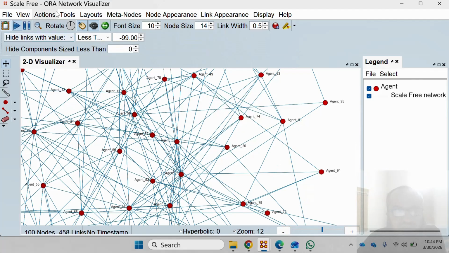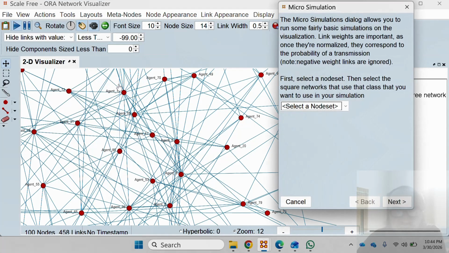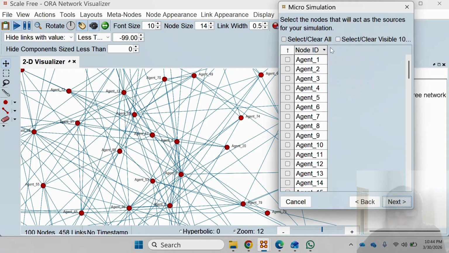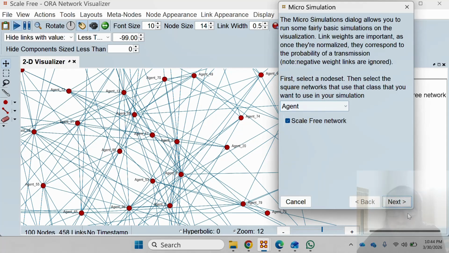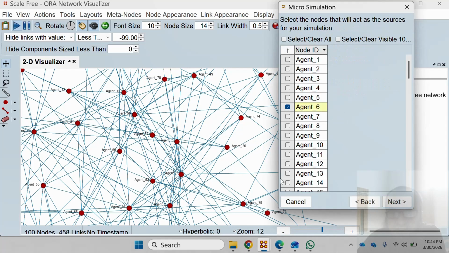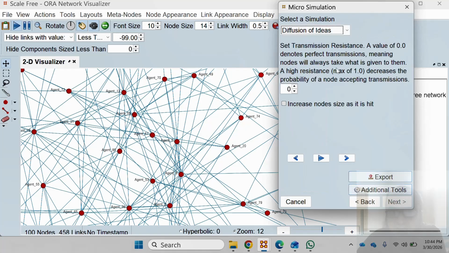So reset, tools, micro simulation, agent, node set, next. We need to keep it to agent number 6 and agent number 14. Next, diffusion of money, resistance, let's say 0.1, and start. So this is node number 6 starting.